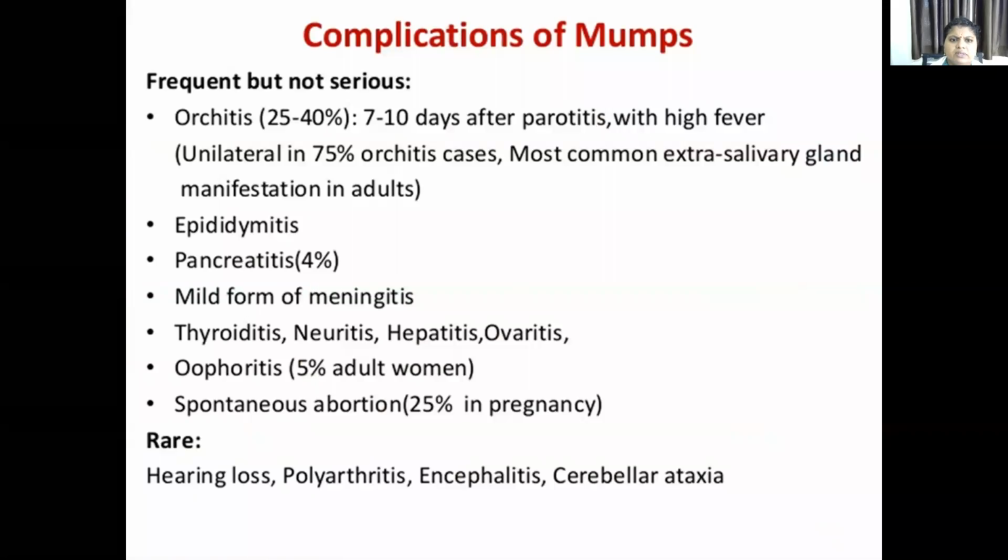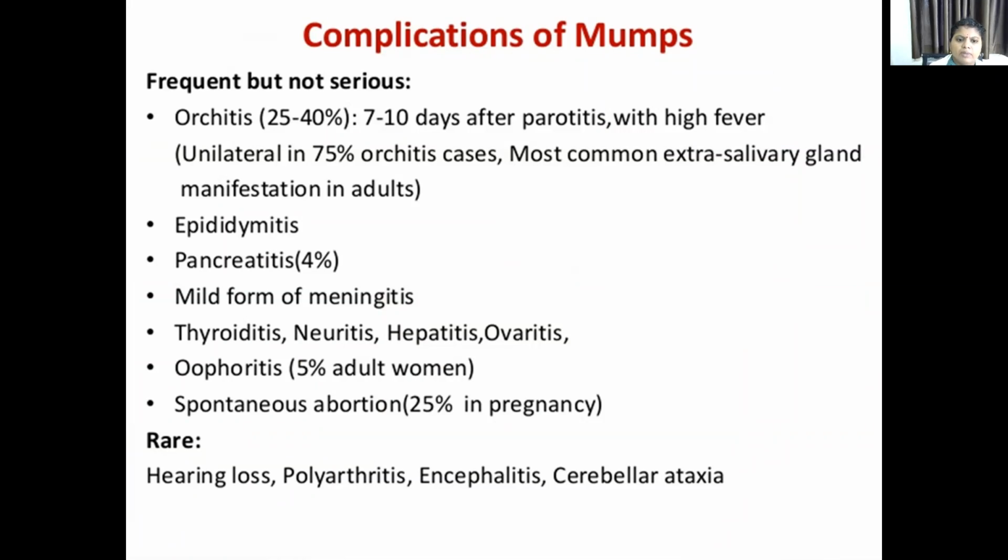This is another picture which shows an adult with swelling of the parotid. We see the complications of mumps. First one is orchitis. Sometimes we will also see epididymo-orchitis.